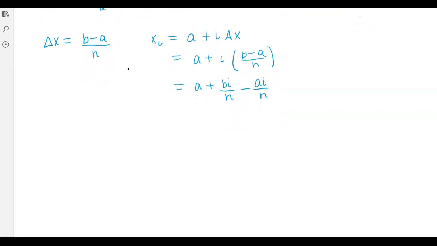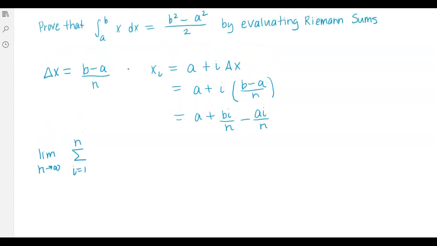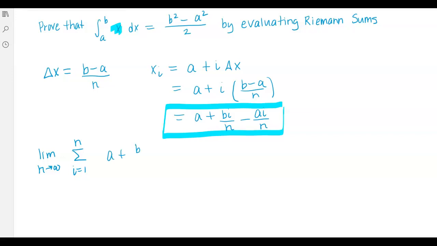All right, and then the definition: we're going to be taking the limit as n approaches infinity of the summation as i goes from 1 to n of, we're taking x sub i and plugging it into our function, which is x. So that's going to be written as a plus bi over n minus ai over n.